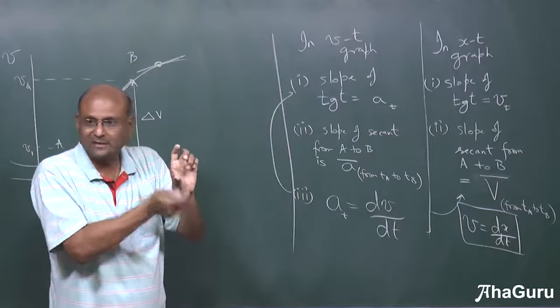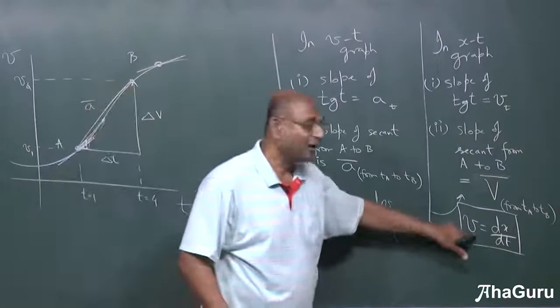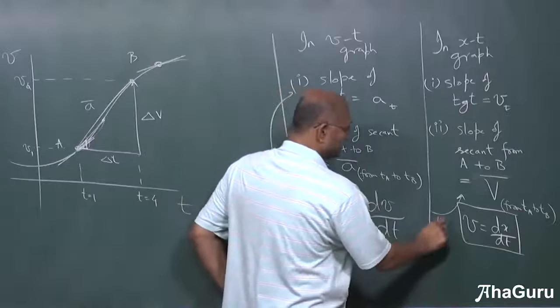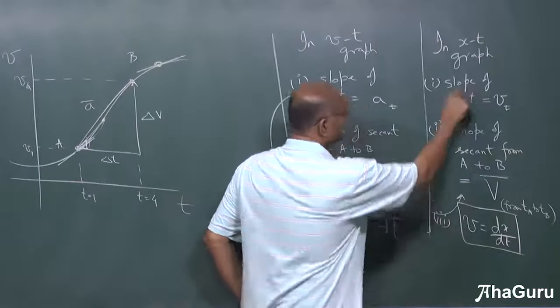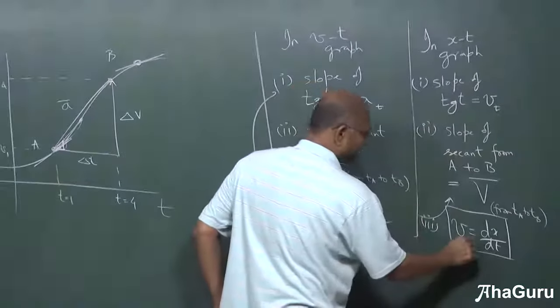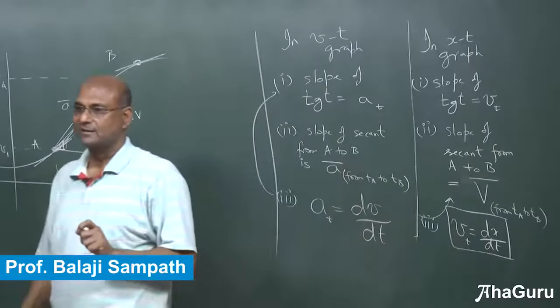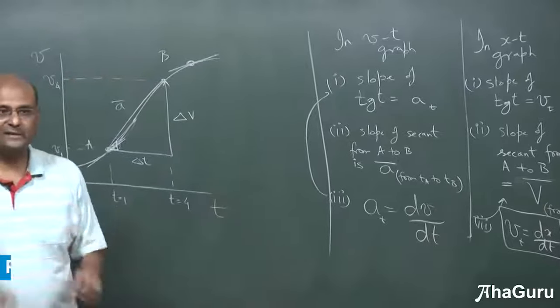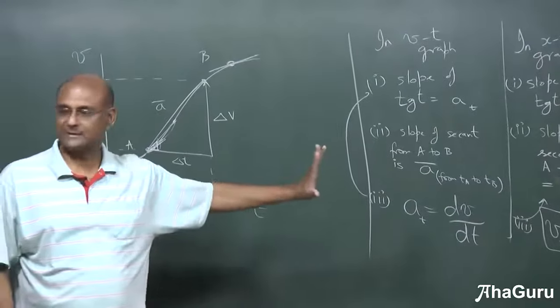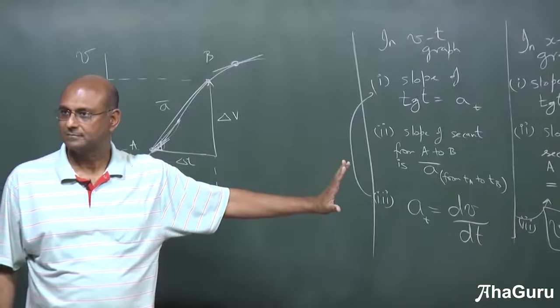How much was the change in velocity? Velocity as a function of time, starting from here, this velocity is the change in x when you have a small change in time. So are the principles first clear? Okay.